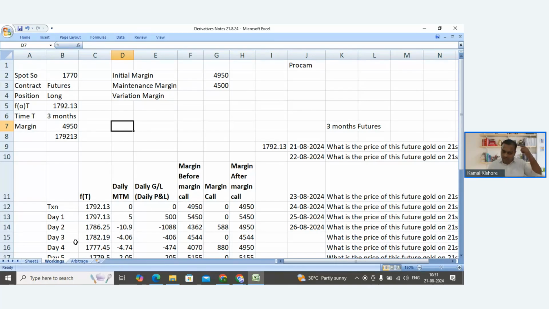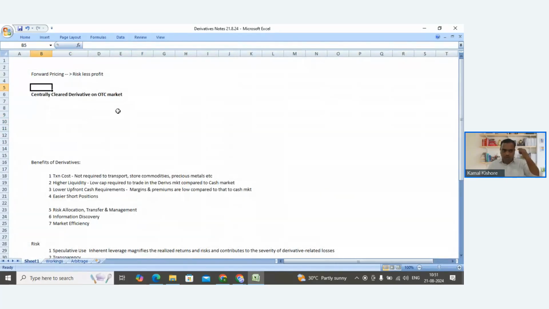For that purpose, there is first one concept called the law of one price. What is the law of one price? Have you heard of it? It is not about two products. It is about one product only.